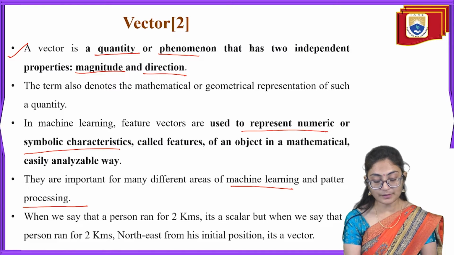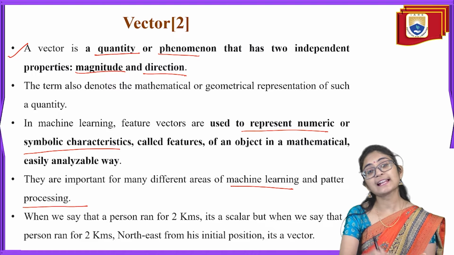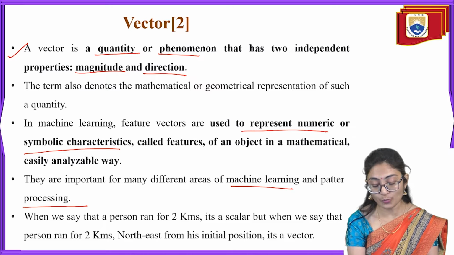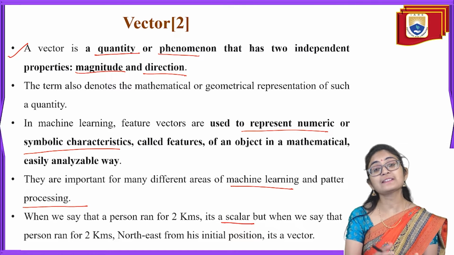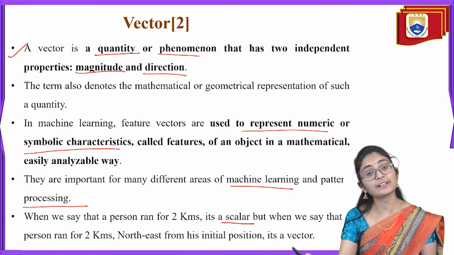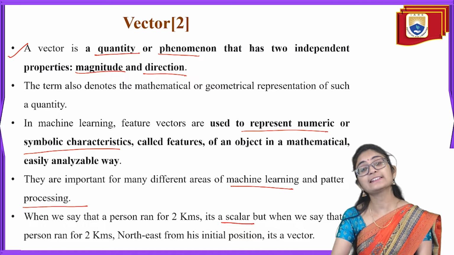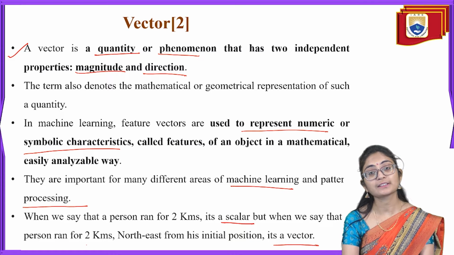For example, when we see that a person ran for 2 kilometers, then obviously it shows a scalar. But when we say that a person ran for 2 kilometers northeast from his initial position, that means it's showing a vector.